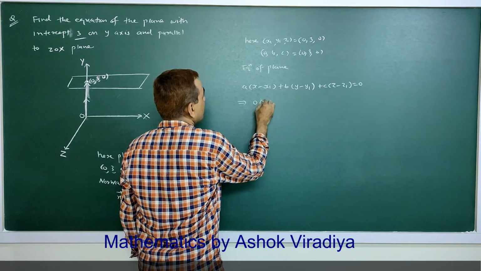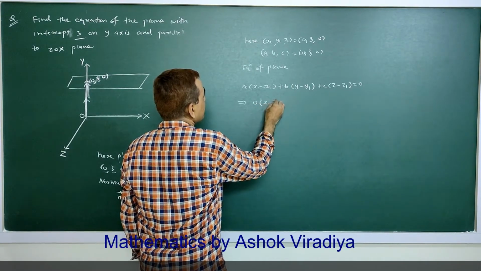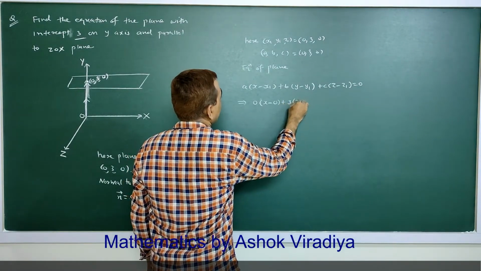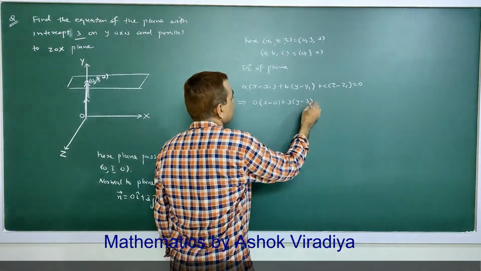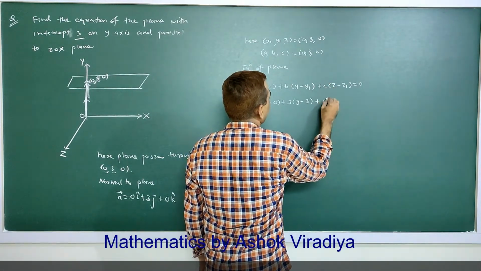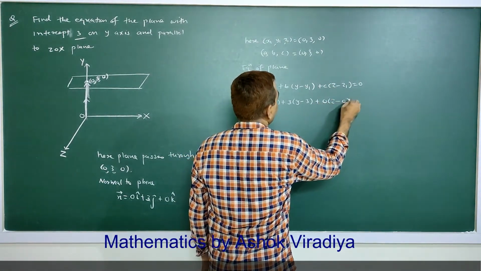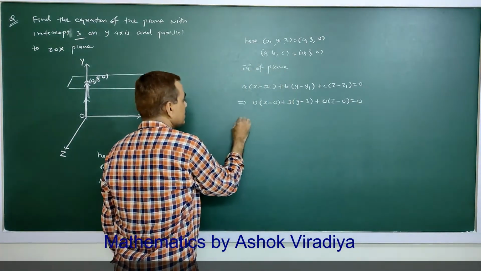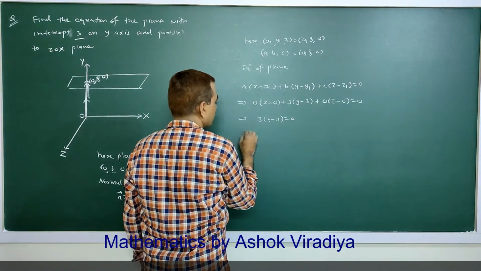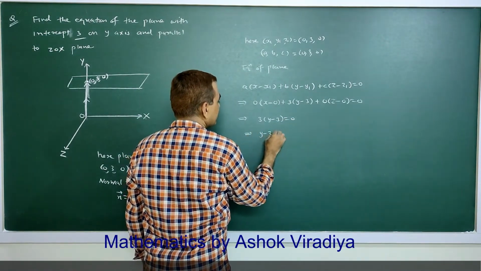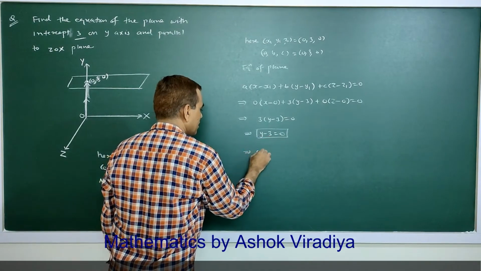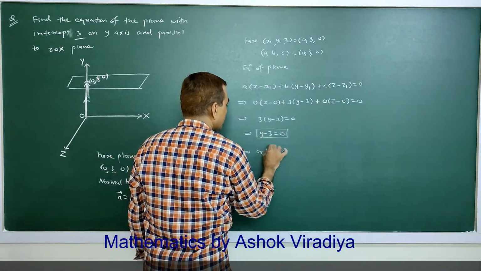B is 3, so 3 into y minus y1, which is 3. C is 0, into z minus 0, equal to 0. So this is simple: 3 times y minus 3 is 0, so y minus 3 is 0. This is the required equation, or y equal to 3.